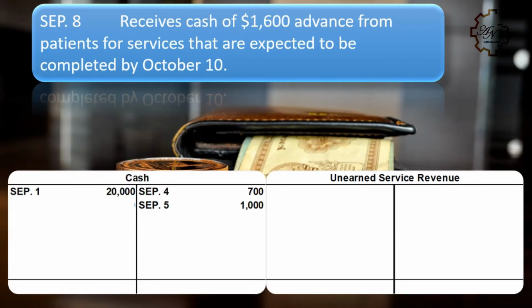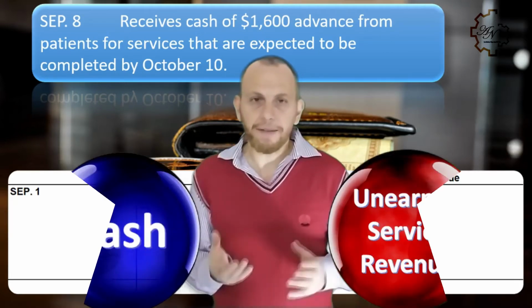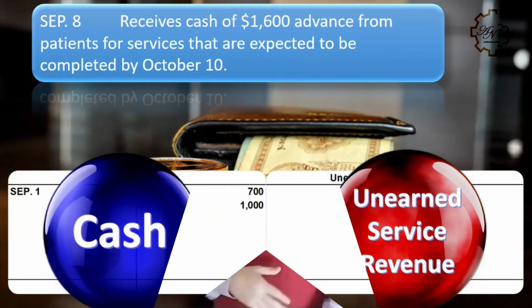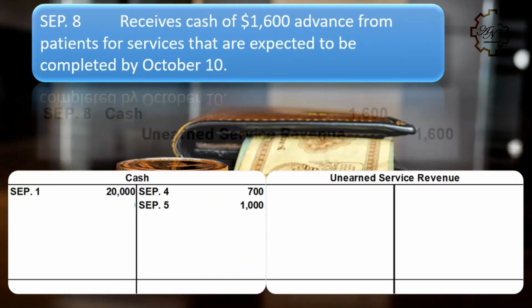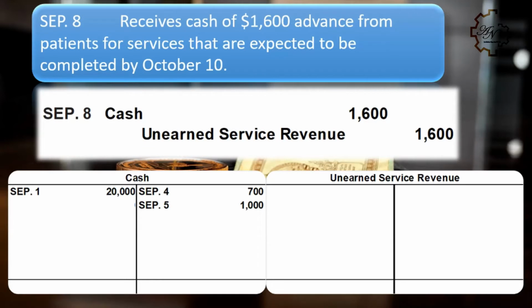Receives cash of $1,600 advance from patients for services that are expected to be completed by October 10. Here we have cash and unearned service revenue. The entry is debit cash, credit unearned service revenue, and we have to transfer them to both accounts.